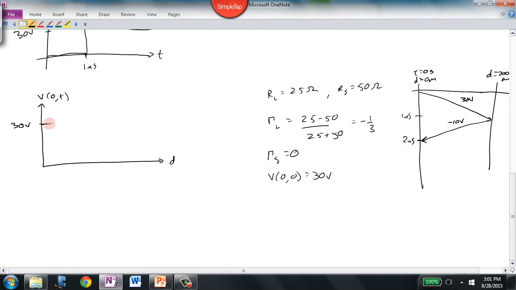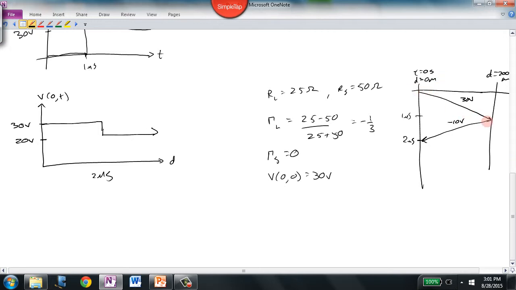At 2 microseconds, the total voltage is 30 volts plus negative 10 volts, so 20 volts total. And there are no reflections, so we know that it'll always be 20 volts.